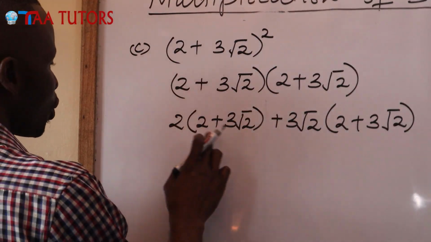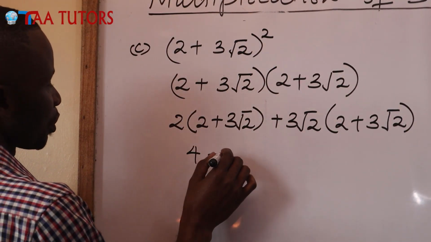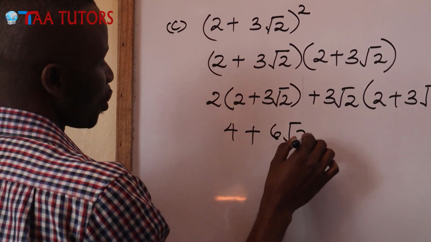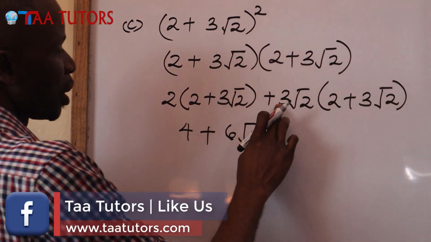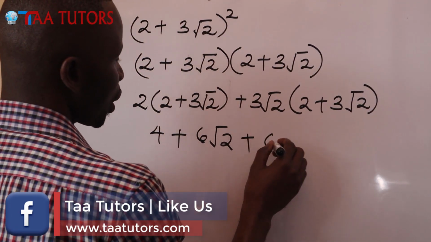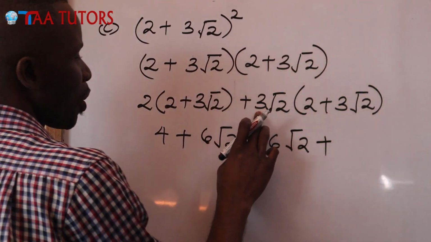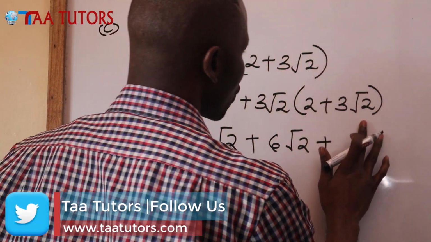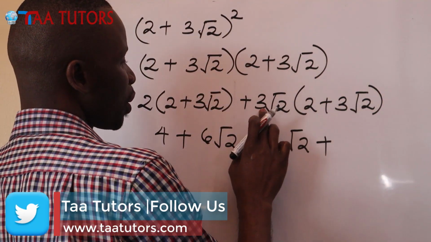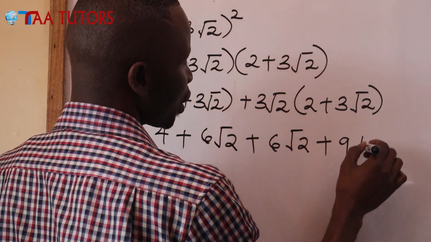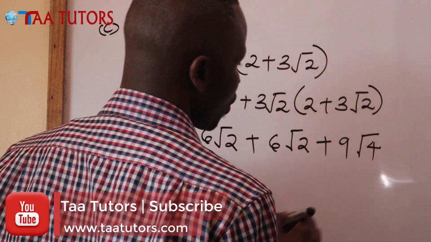So in this case, 2 multiply 2, we get 4, plus 2 times 3 is 6 surd 2, plus 3 surd 2 times 2 is 6 surd 2, plus we have 3 surd 2 times 3 surd 2. So 3 times 3 will be 9. Surd 2 times surd 2, we know that will give us surd 4.